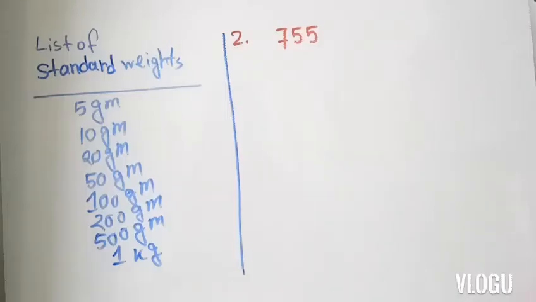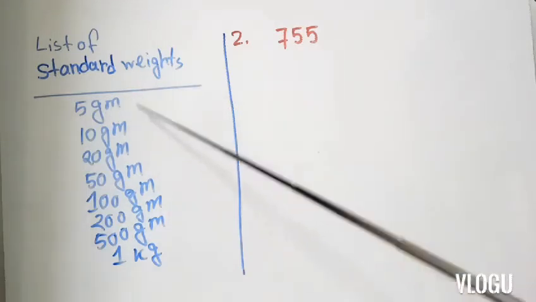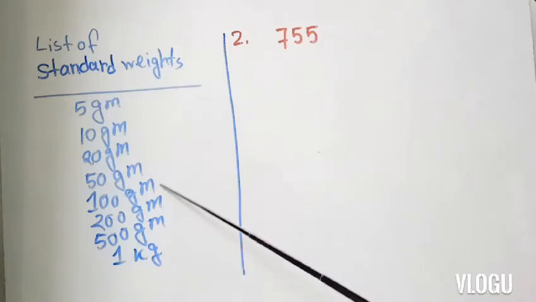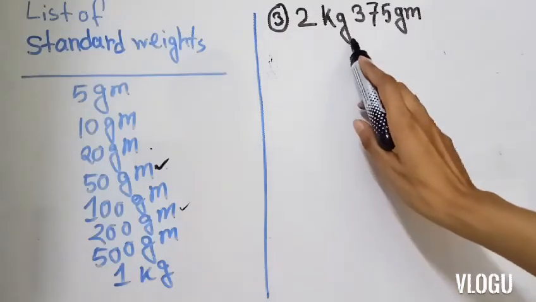We have to make 2 kg 375 grams standard weight. For solving second type question, we have to know the standard weights. Standard weights are 5 gram, 10 gram, 20 gram, 50 gram, 100 gram, 200 gram, 500 gram and 1 kg. I'm taking 2 kg.